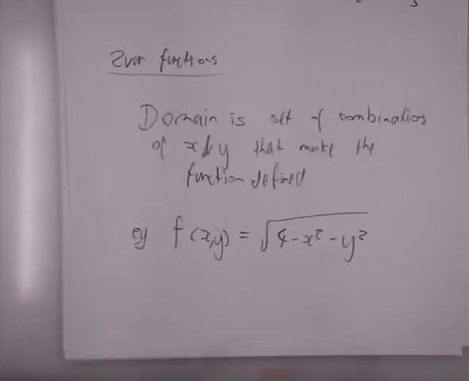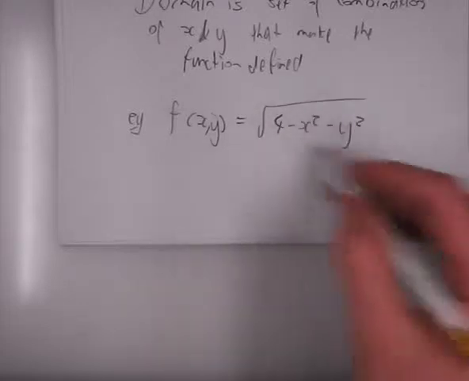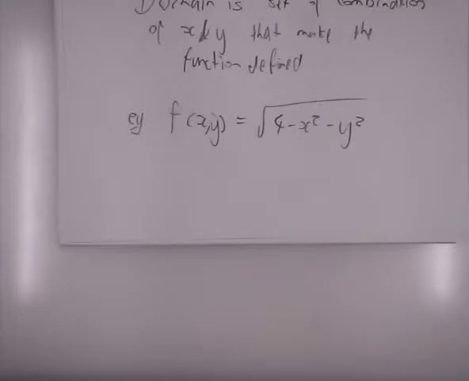If I pick most x's and y's, I can put them in and it will produce an answer. Okay? It'll sort of be a dome shape, this thing here. And I want to know for which combinations of x and y am I allowed to calculate this formula. And the only way of figuring it out is to have a look at the things that are involved. It's the square root of all of this stuff. And I can't do square root if it's negative, and draw a graph as well.